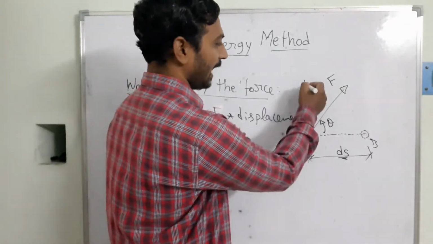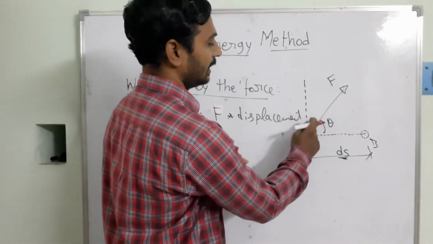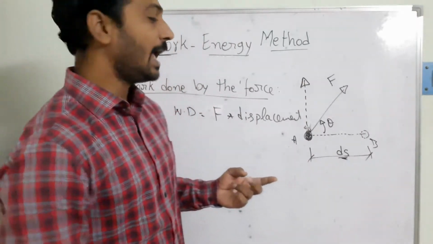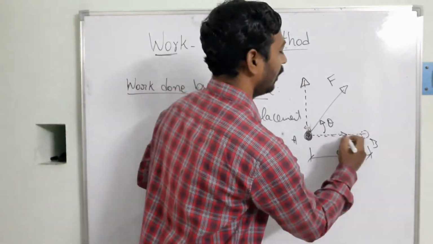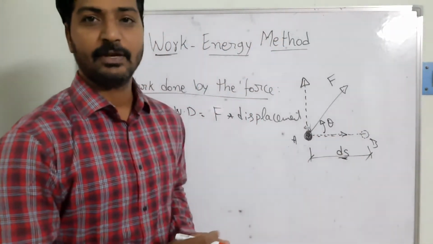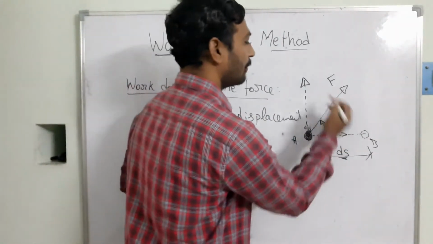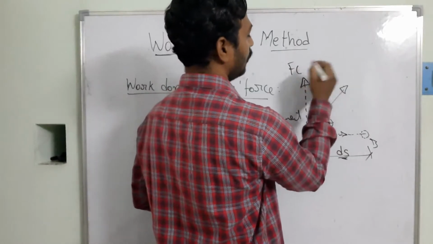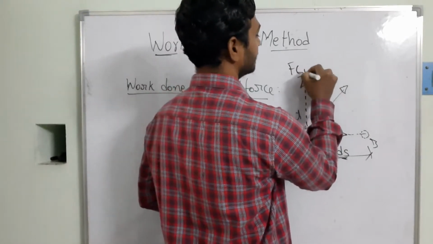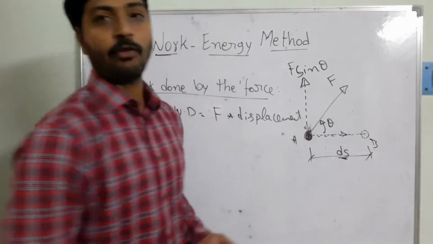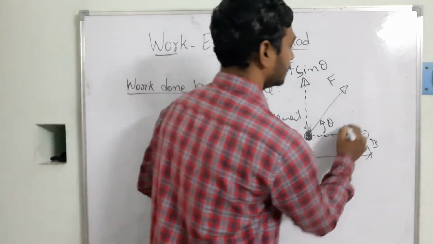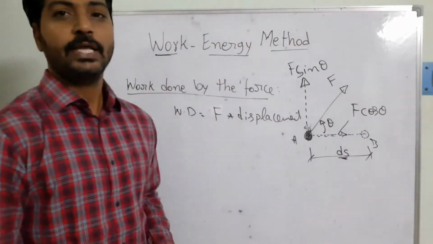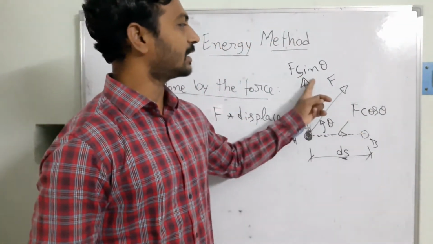One force is acting in the vertical upward direction, and another force is acting along the direction of the displacement vector, right? When I resolve this, I get F sin theta, and similarly the horizontal component F cos theta. So the two resolved components of the force are available.